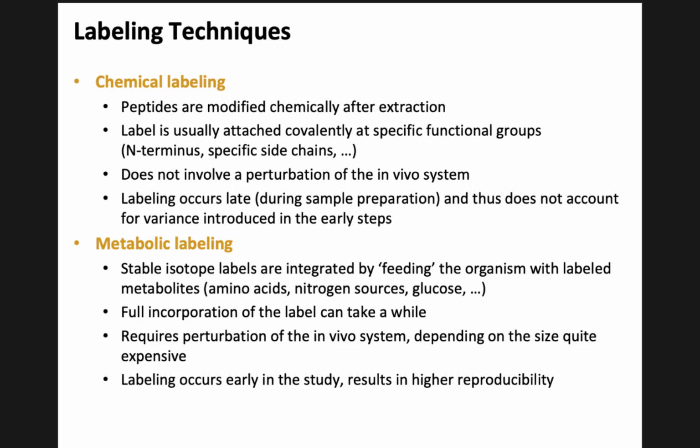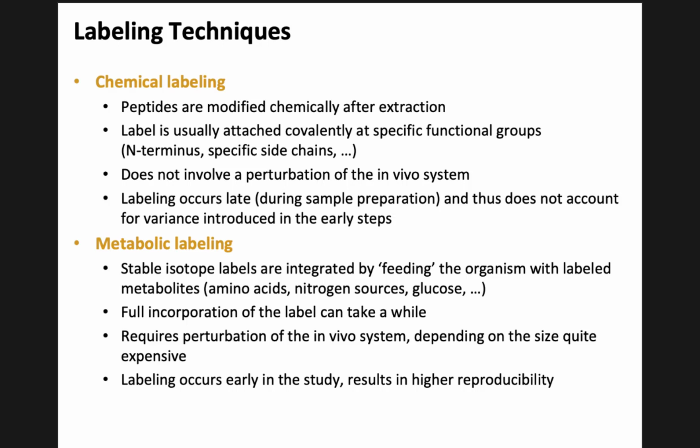It does not involve a perturbation of the in vivo system, which is quite helpful in certain contexts. But the labeling occurs late during sample preparation and thus does not account for all the variation in the early steps of pre-analytics.